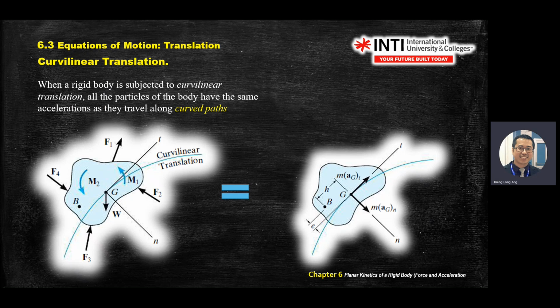Okay, m a_t along the motion, around the curve, n is to the center of the curve. Right. Okay, then there's an equation that link a_G or acceleration in tangent with omega and alpha.